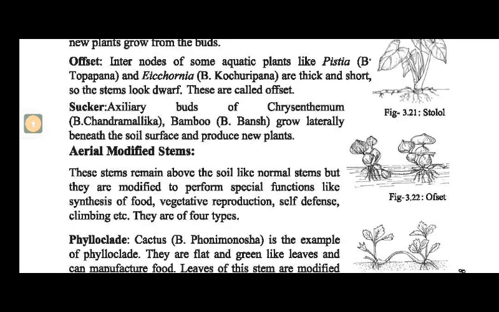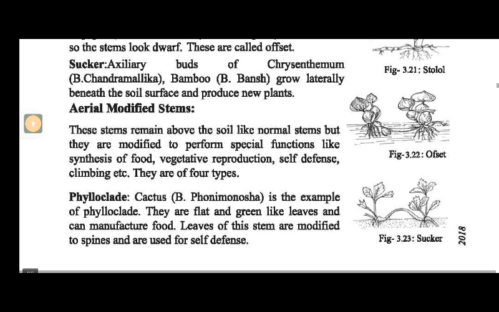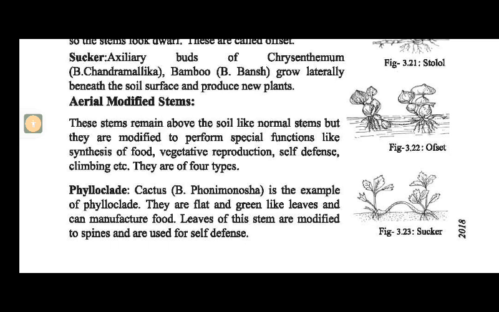Offset. Internodes of some aquatic plants such as Pistia and Eichhornia are thick and short, so the stems look dwarf. They are called offsets. Sucker. Axillary buds of Chrysanthemum and bamboo grow laterally beneath the soil surface and produce new plants.